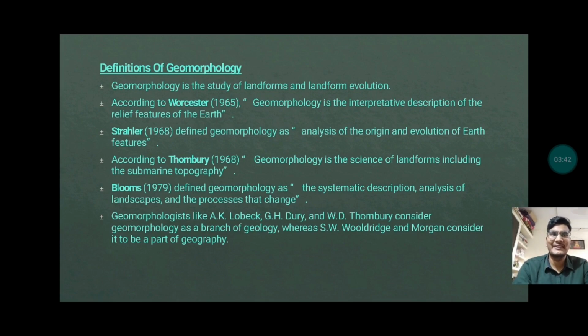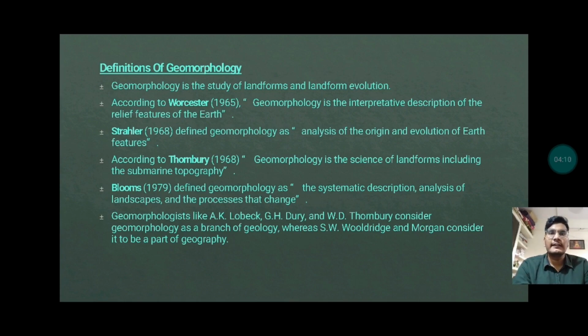The definition of Thornbury was that geomorphology is the science of landforms, including the submarine topography. So he has covered not only the visible continental landforms, but also those submarine topographies invisible to the eyes. So actually he has widened the scope of geomorphology.